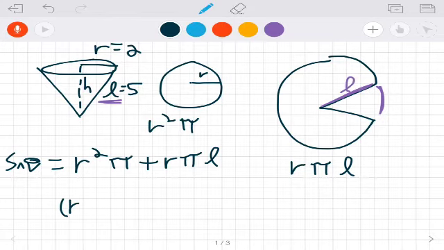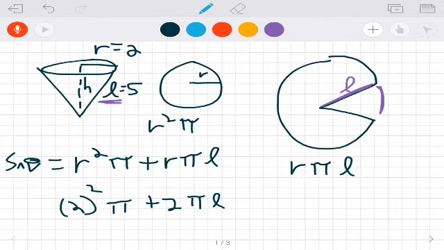Radius, so radius is 2 squared times pi plus 2 times pi times the length, which in this case we can go back and say we know the length is 5. So over here we would have 4 pi plus 2 times 5. 2 times 5 would be 10 pi.